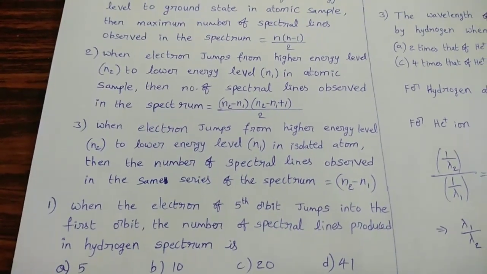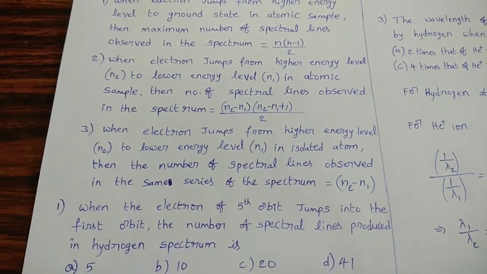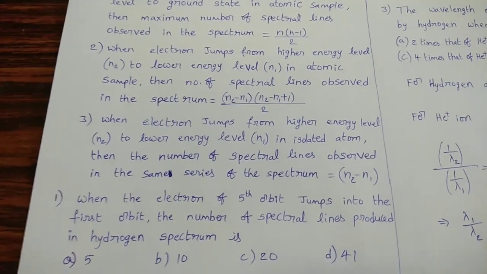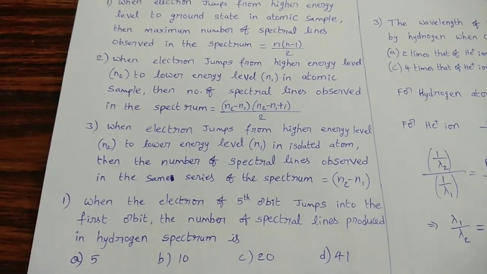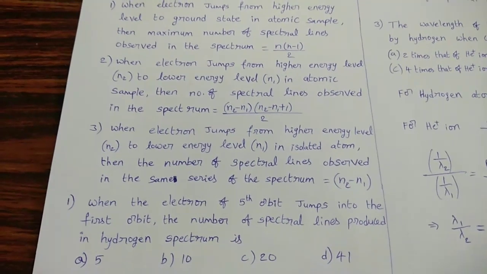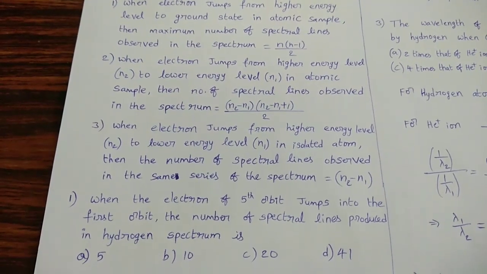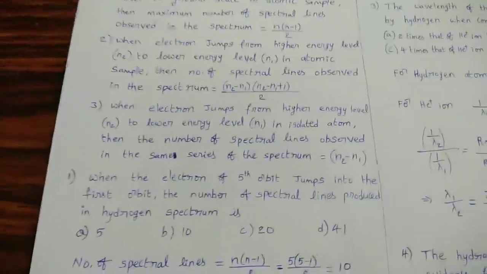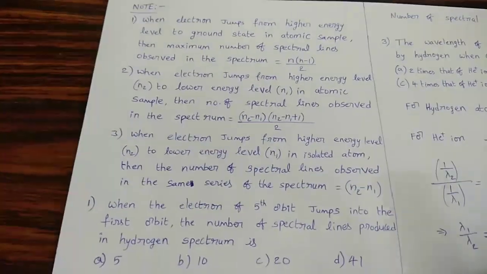When the electron of the 5th orbit jumps into the first orbit, the number of spectral lines produced in the hydrogen spectrum. So the electron present in the 5th orbit jumps into the first orbit. n2 value 5, n1 value 1. Here, what is the suitable formula?